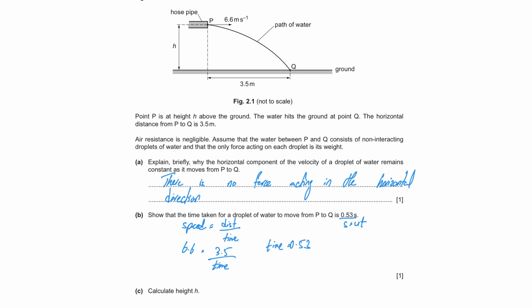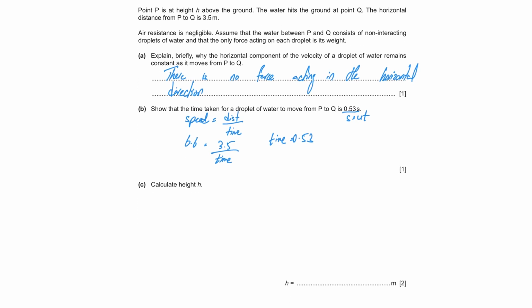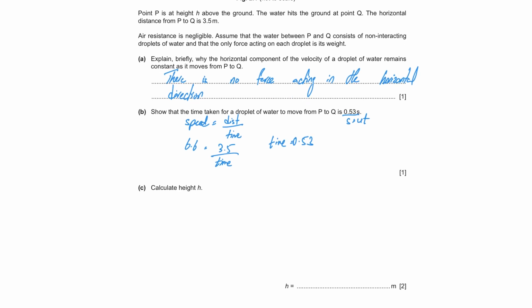So what do we do here? This time around, we'll go with a different equation because we're solving it in the vertical direction and there's acceleration in the vertical direction. S equals ut plus half at squared in the vertical direction. What is the displacement? h. What is the initial velocity? 0, because the water leaves in the horizontal direction, so the initial vertical velocity is 0.